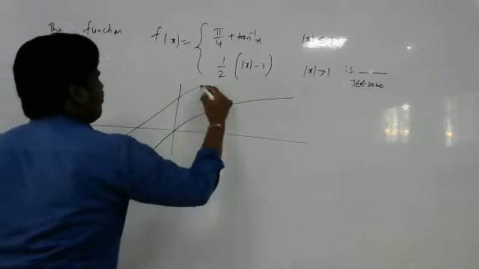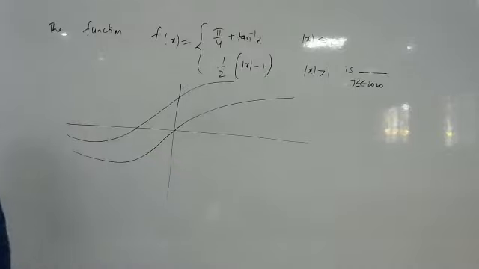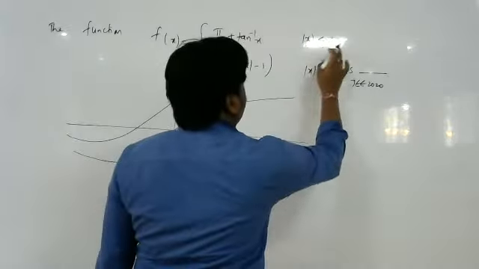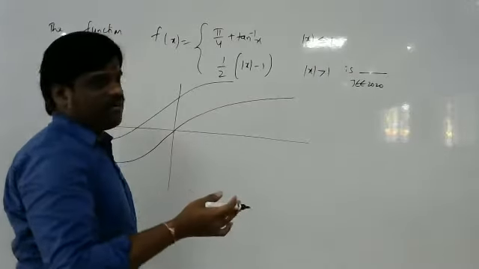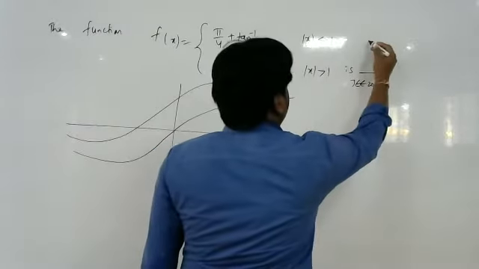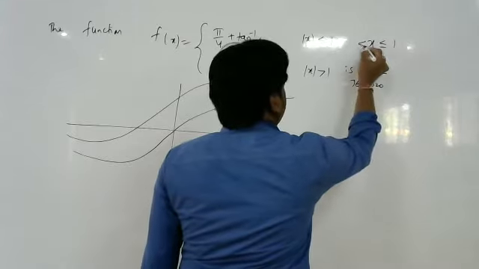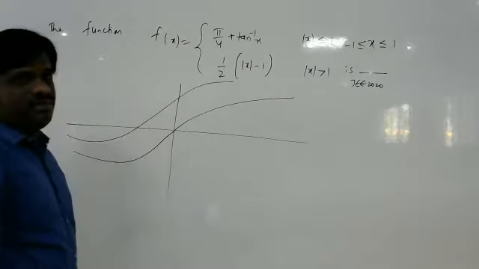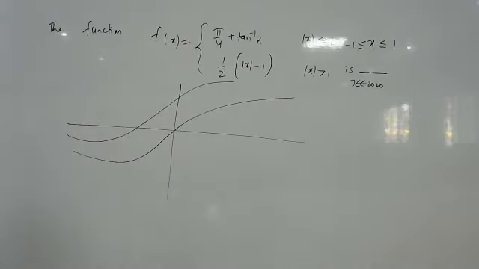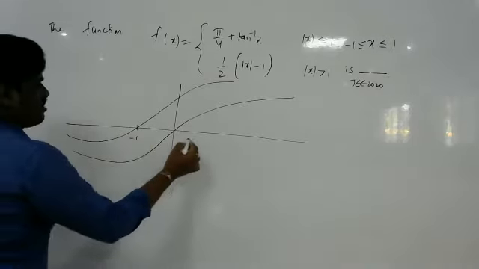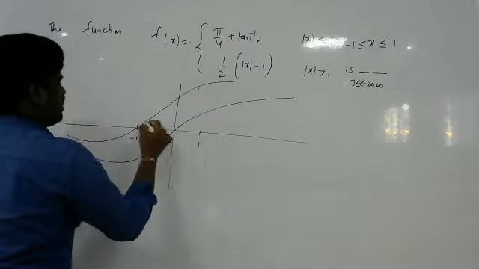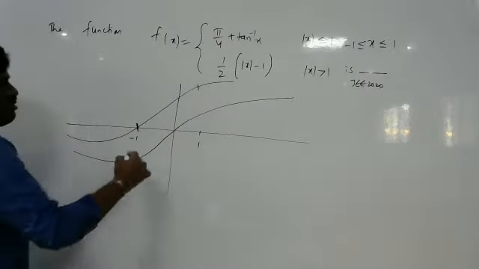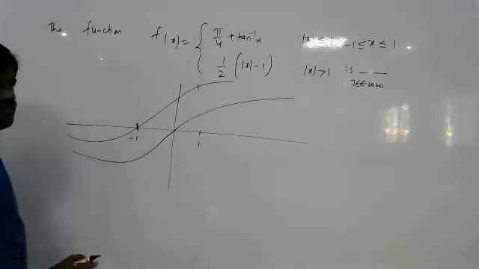And what does modulus of x less than or equal to 1 mean? It means x lies between minus 1 and plus 1. If I take here minus 1 and here plus 1, the graph is required from here to here. So from here to here the graph is like this.